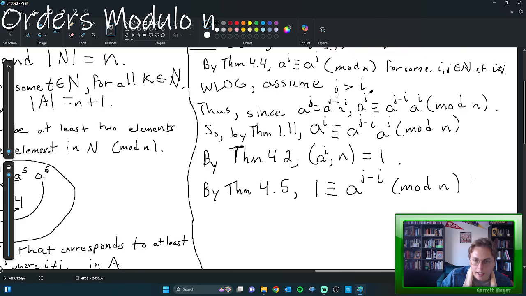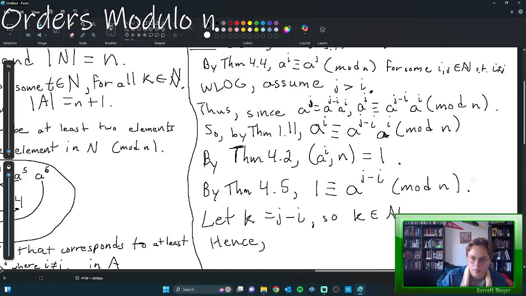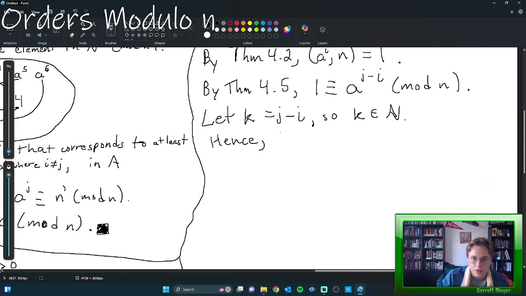Because a to the i and n have a GCD of 1, we can essentially divide by a to the power i on both sides and remove that term. So let k equal j minus i. So k obviously is a natural number. Hence, we have our result, which is that a to the k is congruent to 1 mod n.